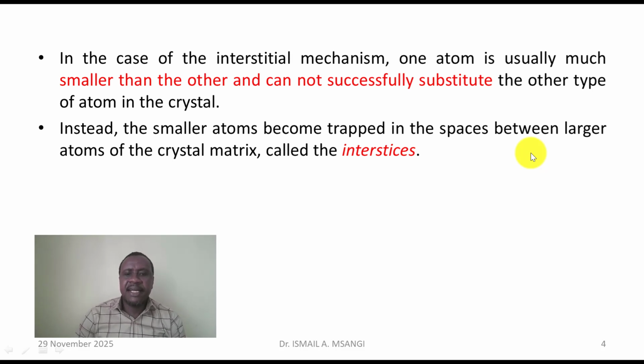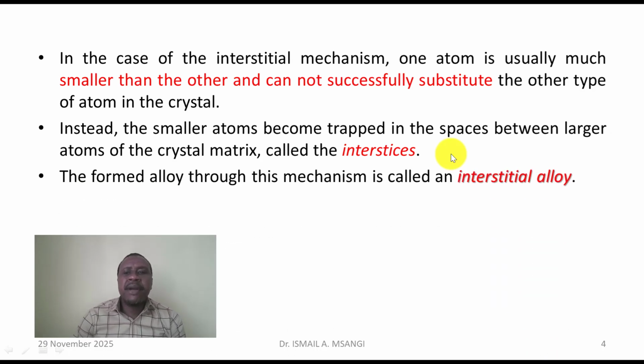And scientifically, the spaces which are formed between the bigger atoms are called the interstices. So instead of the small atoms replacing the bigger ones, they become trapped in the spaces between the bigger ones and form a mixture of materials which is called the interstitial alloys.